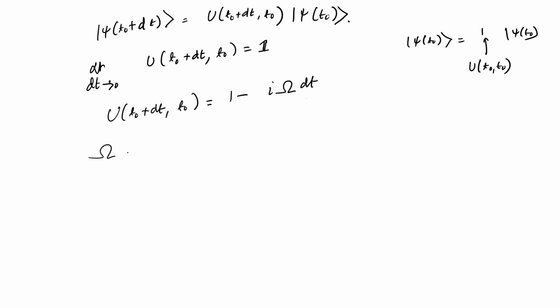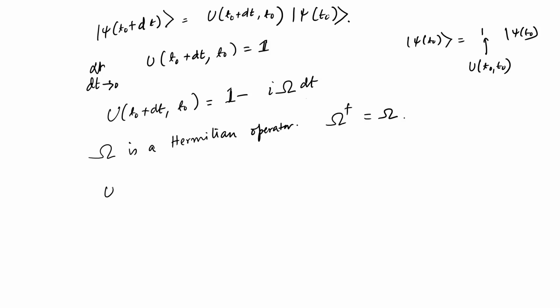So going from t0 to t0 plus dt, U is 1 minus i omega dt, and omega has to be a Hermitian operator, because U is a unitary operator. Again, this 1 is really an identity matrix, and this means that omega dagger is equal to omega.